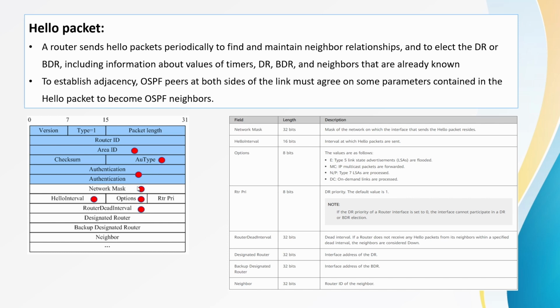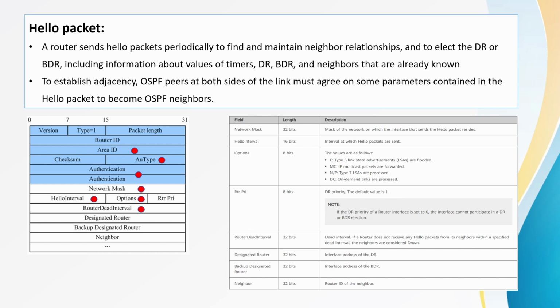The next parameter to agree on is the network mask. If the two routers do not have the same network mask, they cannot form the adjacency. The next two parameters are the hello interval and the router dead interval. These two parameters are related. Usually the dead interval is 4 times longer than the hello interval.